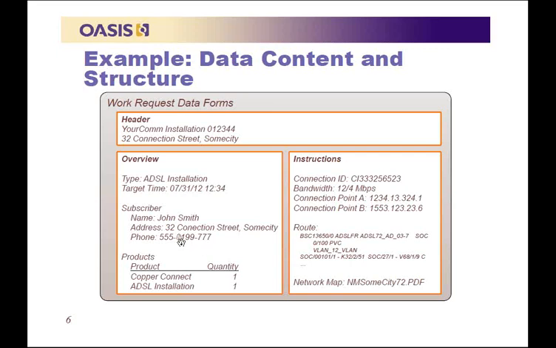For example, the phone number field in the subscriber data group can be marked as being a phone number, so that the user interface can implement click-to-call functionality. Similarly, the route in the instructions box on the right can be marked up as containing pre-formatted textual data.